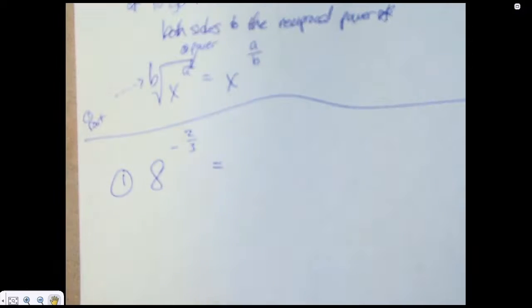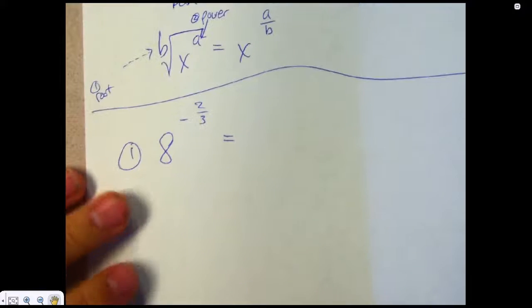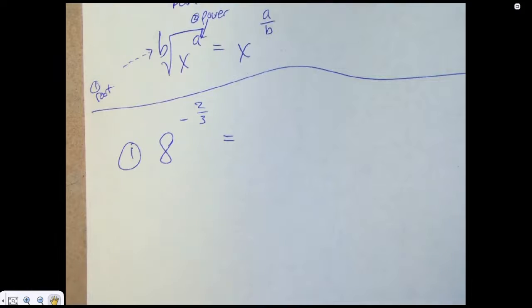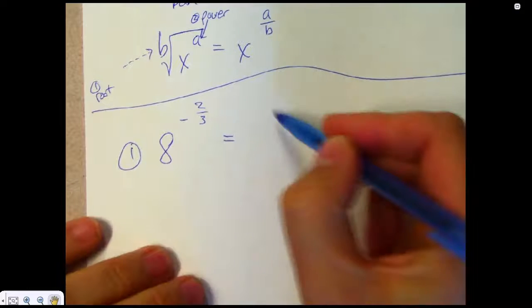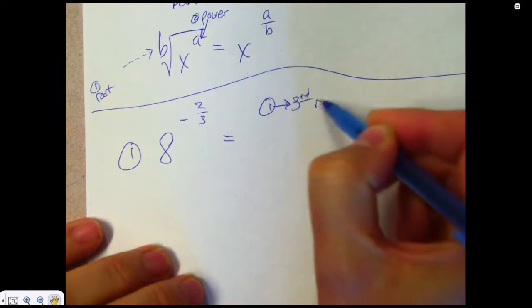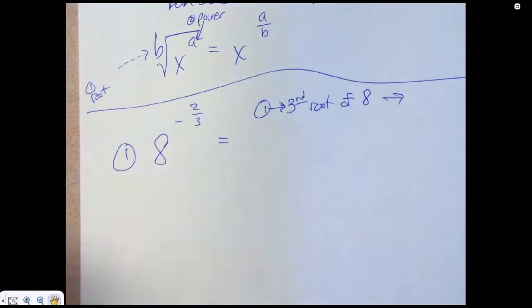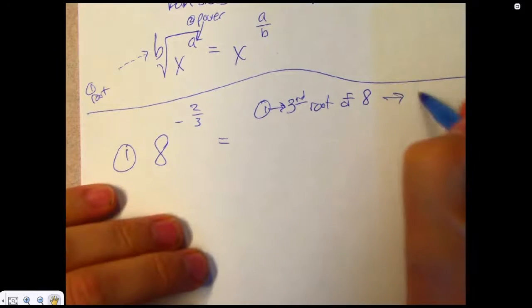So there's kind of 3 steps I'm doing here, and I'm going to write them all out for the first couple, but then I won't be writing out in detail as much after that. The first step is take the third root of 8. What number to the third power gives me 8? That's 2, because 2 times 2 times 2 gives you 8.